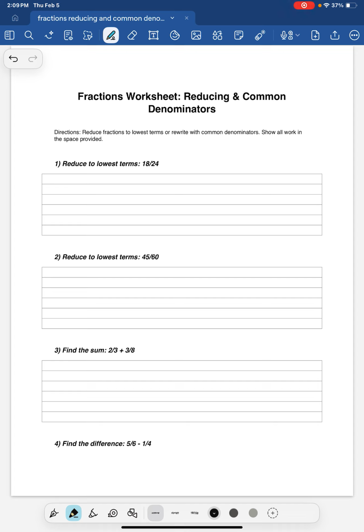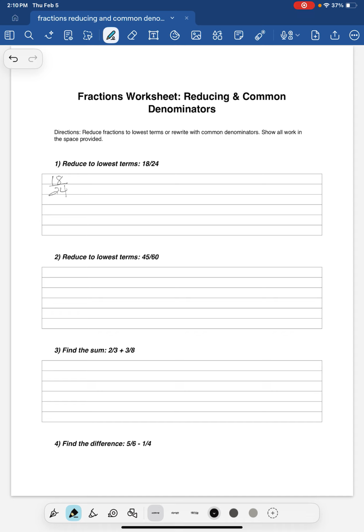So the first thing we're going to look at is reducing fractions to their lowest term, which just means that there is no other number besides 1 that they could both be divided by. So the first fraction that we have is 18/24. Immediately we should see that these are both even numbers. So if nothing else, they're both divisible by 2.